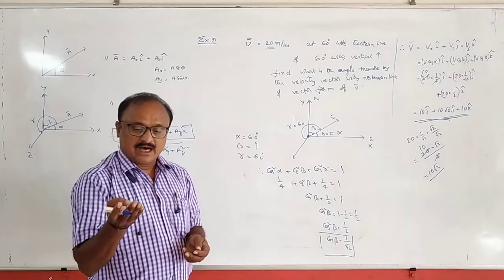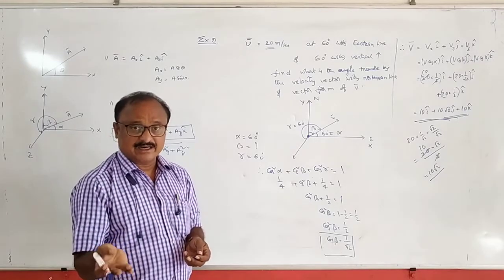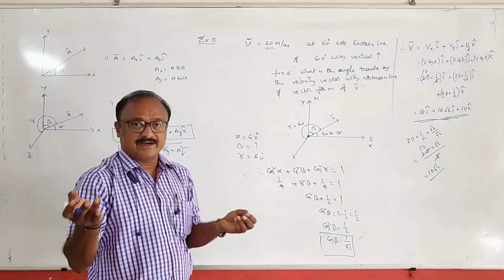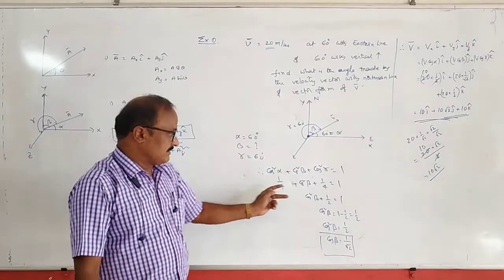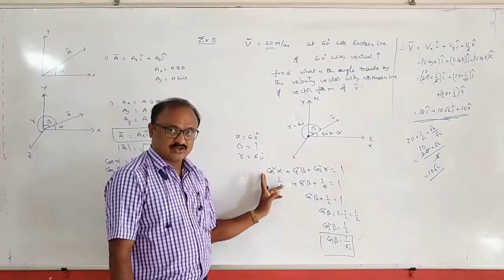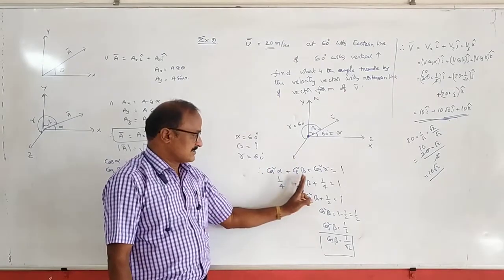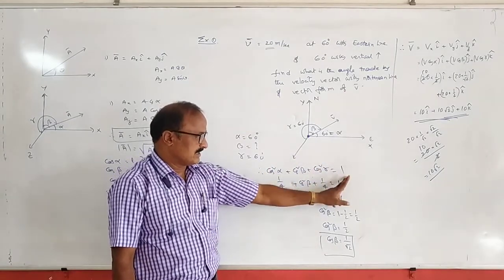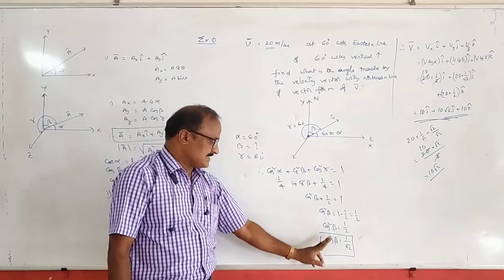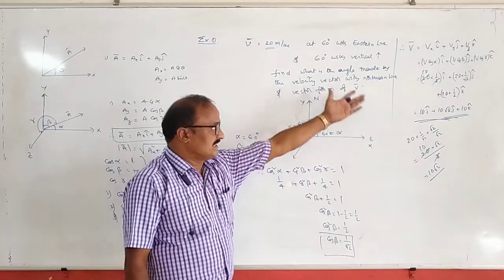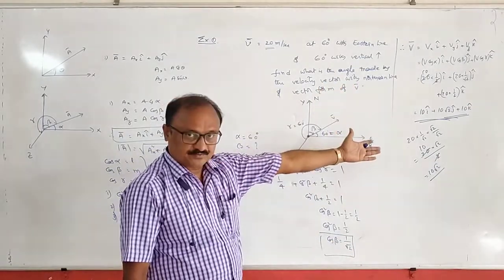Alpha and gamma are known values, but the value of beta we don't know. So that can be found using the direction cosine concept: cos square alpha plus cos square beta plus cos square gamma is equal to 1. From this, cos beta is 1 by root 2.